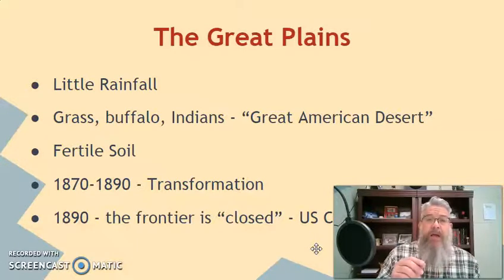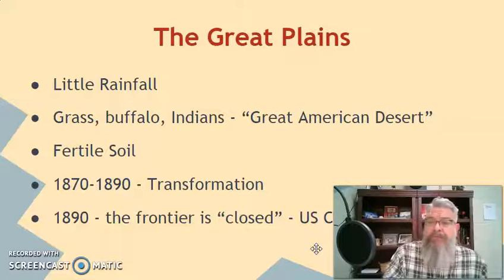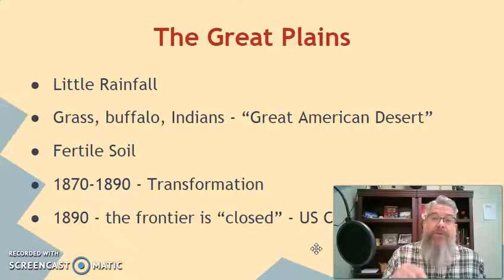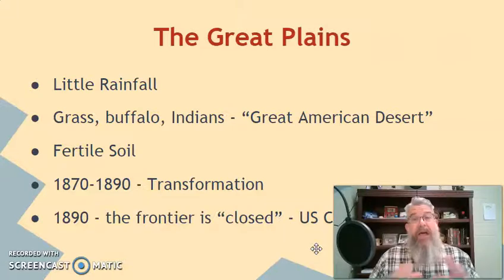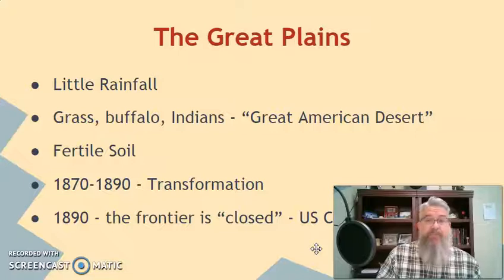We'll start to see large-scale agriculture as big business farming moves in and buys up a lot of that homesteaded territory to turn into these massive farms. And by 1890, as I alluded to before, the U.S. Census Bureau will deem the frontier closed on North America, or at least in the United States on North America. And that'll open up a lot of questions for Frederick Jackson Turner and those that adhere to his frontier thesis.